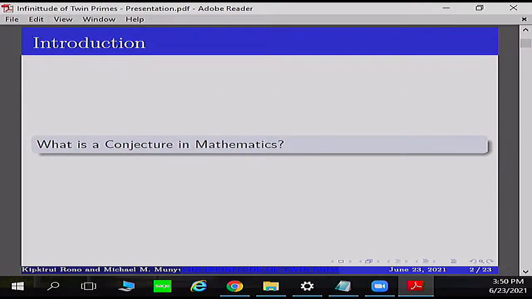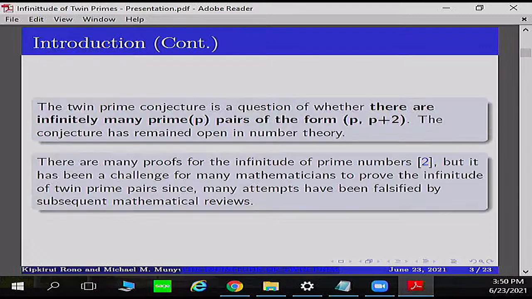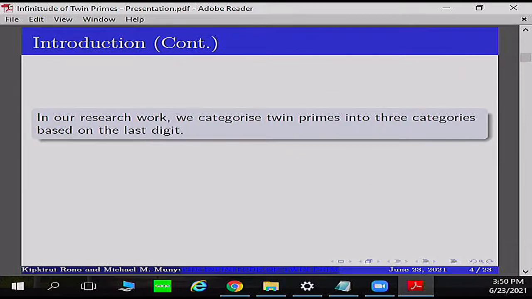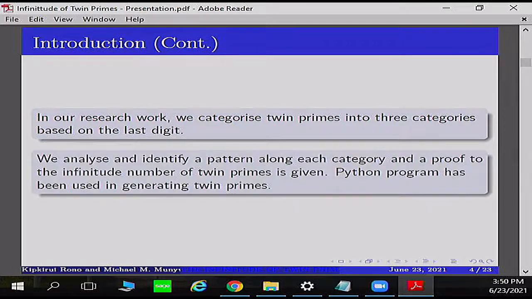So a conjecture is a mathematical statement that is believed to be true but has not been proven. I'm not going to go through the background history of this conjecture, but go directly to the preliminaries.